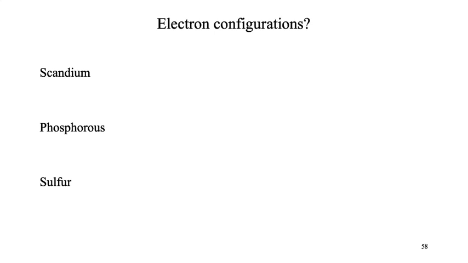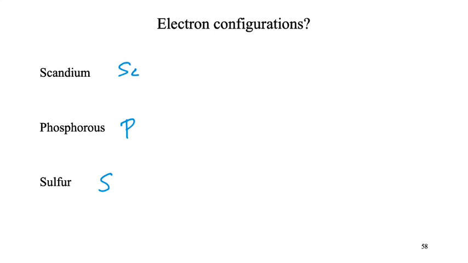So the first question we would have to ask ourselves is, what are the atomic symbols for each of those? Scandium is Sc, phosphorus, P, sulfur, S. Once we have those symbols, we could then use the periodic table to actually give us the electron configurations.